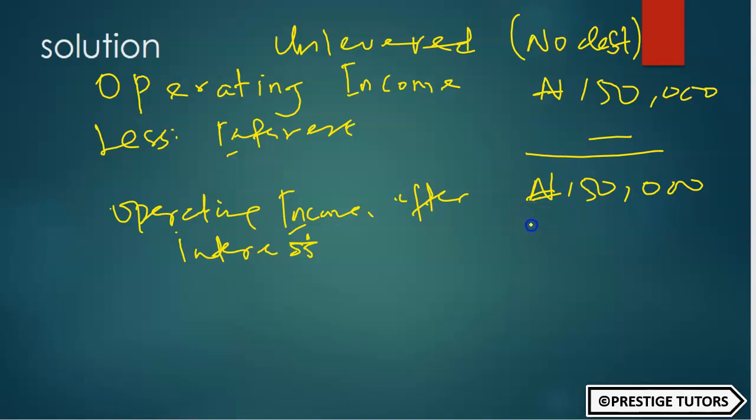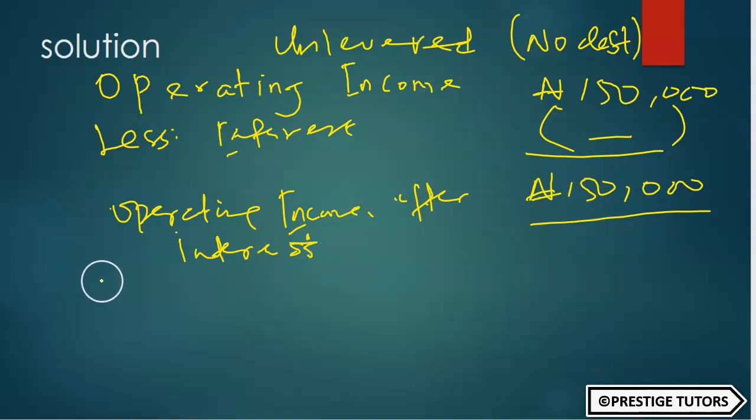And this is operating income after interest, which invariably means this is the dividend available to the ordinary shareholders, because after we might have paid our interest, then the balance is dividend available to the ordinary shareholders. But you know, one of the assumptions says we should ignore taxation. So taxation is not coming. So we assume everything here belongs to the ordinary shareholders.